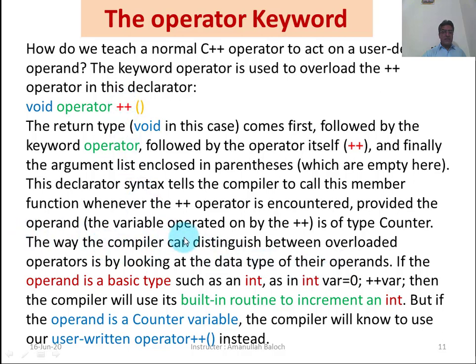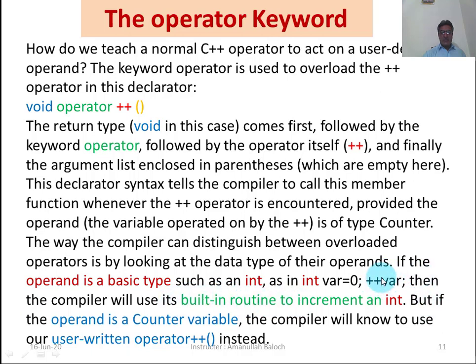The way the compiler can distinguish between overloaded operators is by looking at the data type of their operand. If the operand is a basic type, for example int var is equal to 0, an integer variable with value 0, we can apply plus plus var, prefix notation, on var. The value of var will be incremented from 0 to 1. Then the compiler will use its built-in routine.